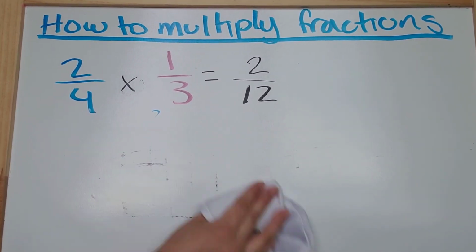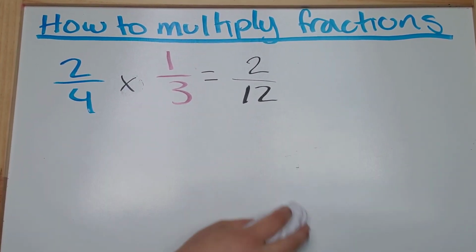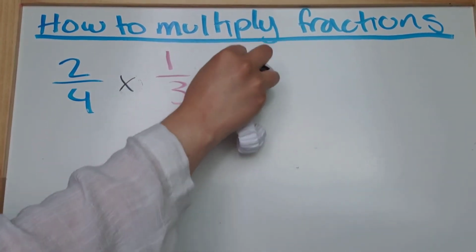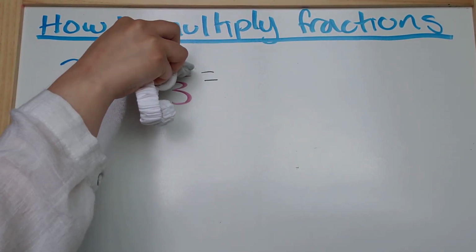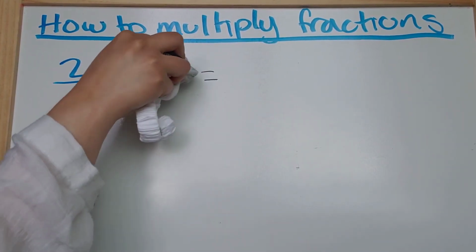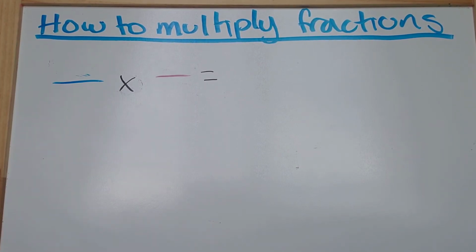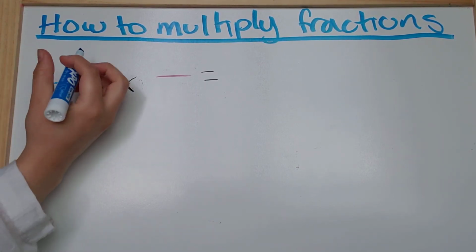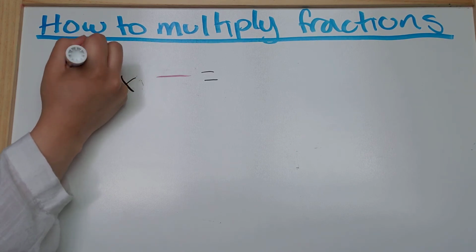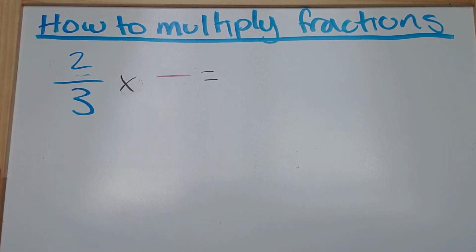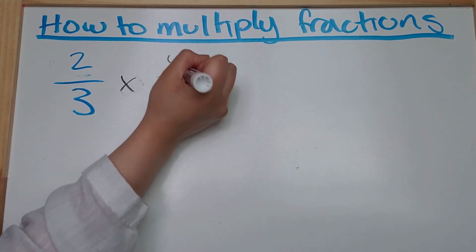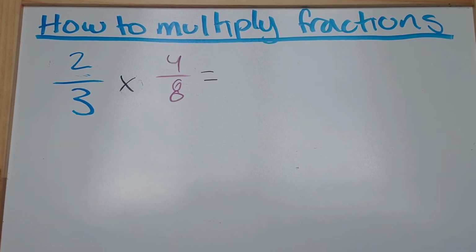Let's choose different numbers. Let's make it 2/3 times 4/8. Now this is going to be interesting.